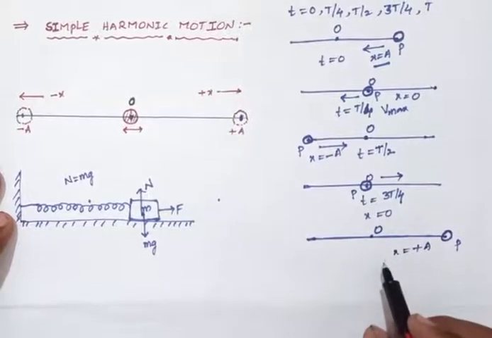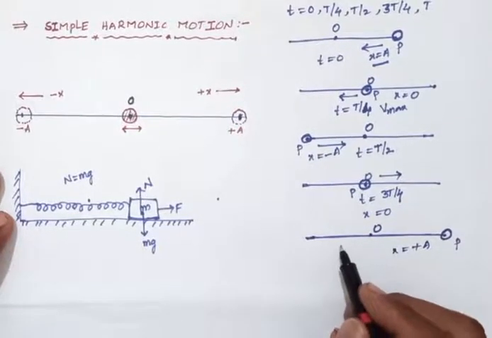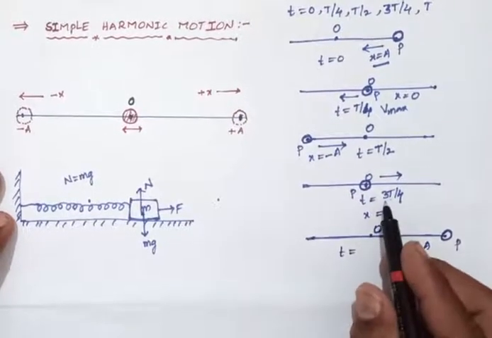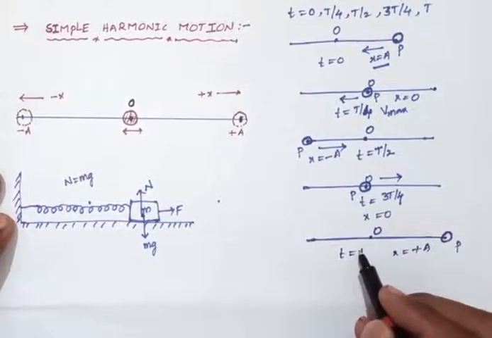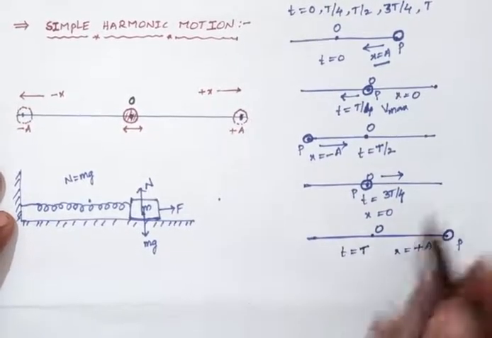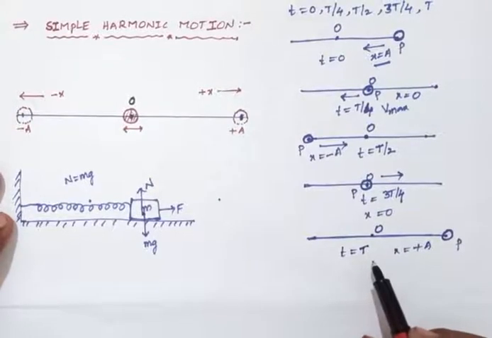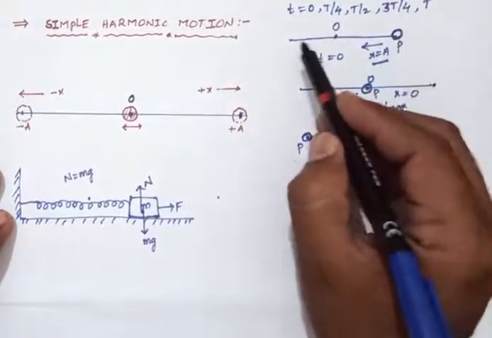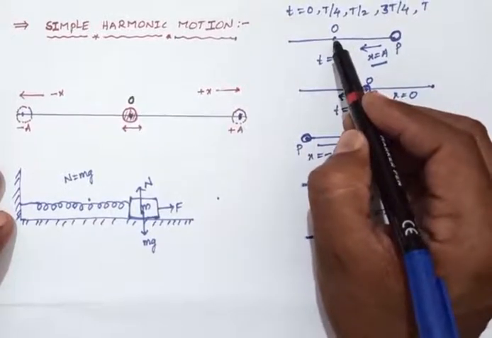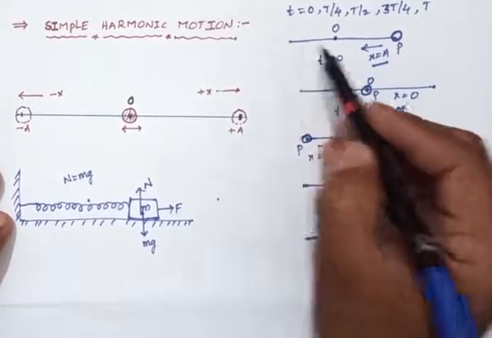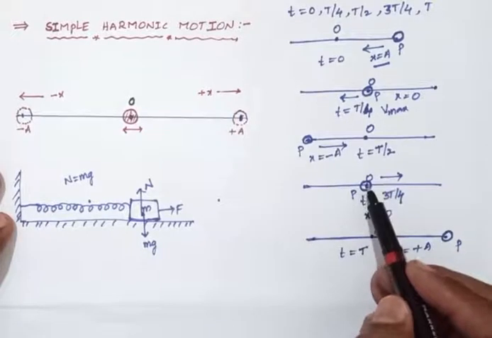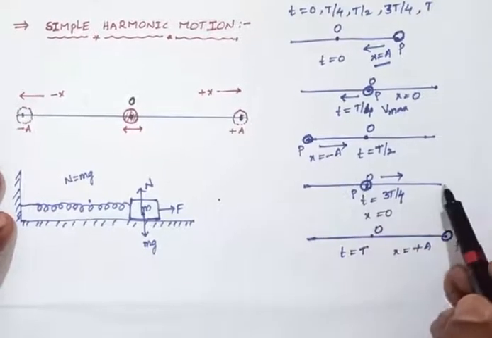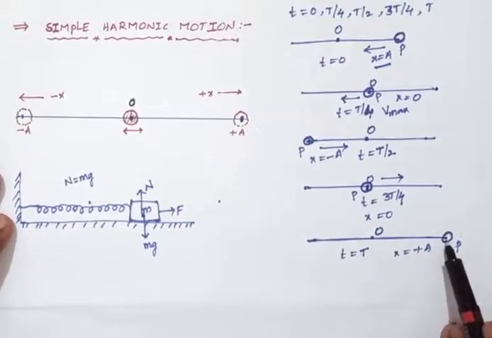At t equals 4T by 4, that is T, the particle moves through O to the left side, comes back to O, and again comes to the same point on the right side.